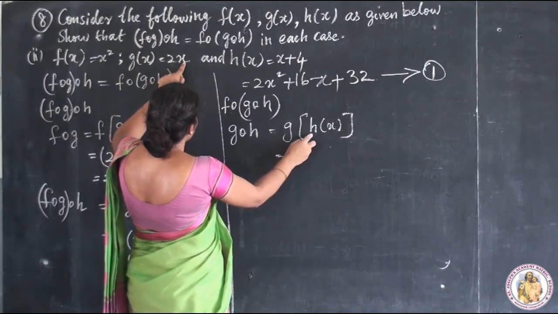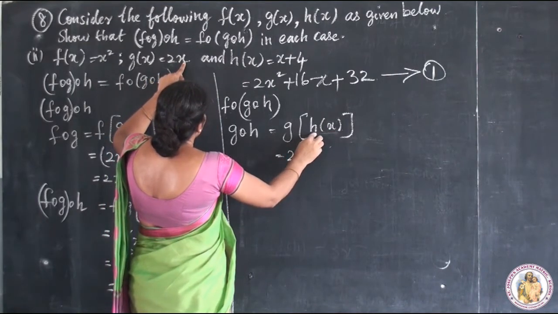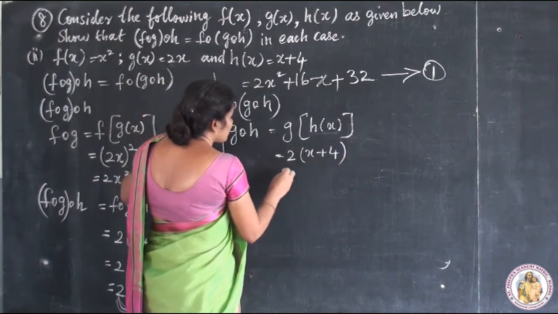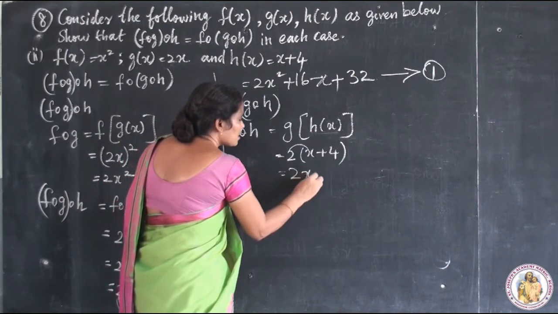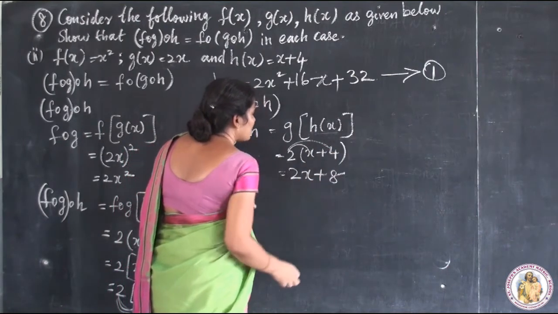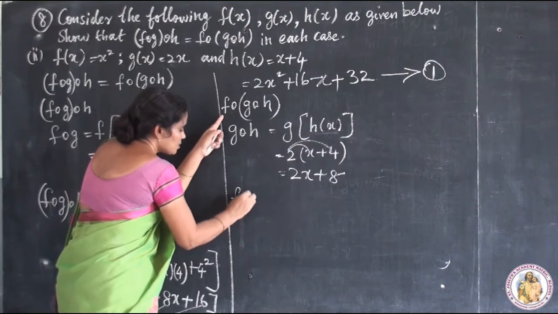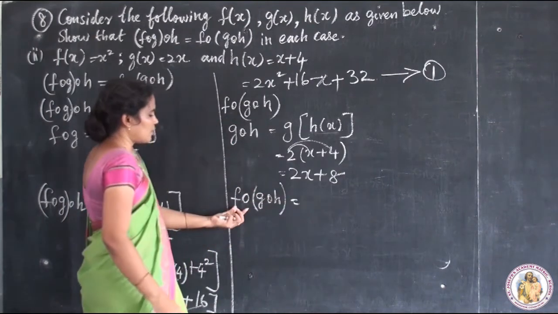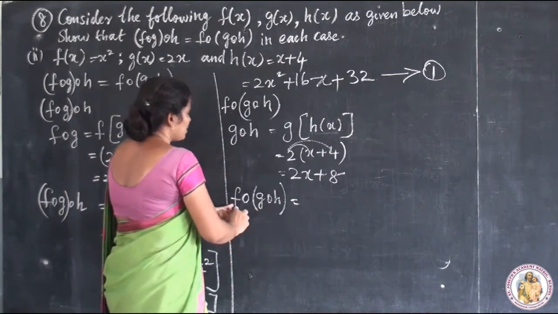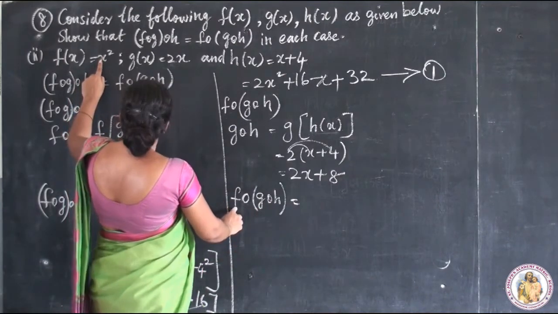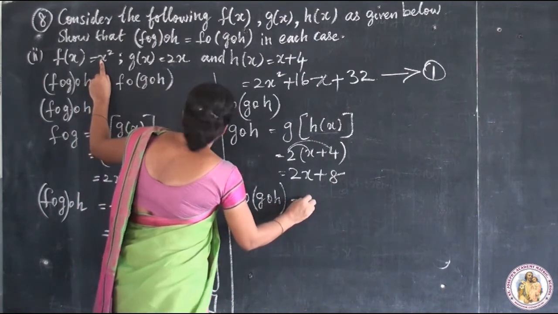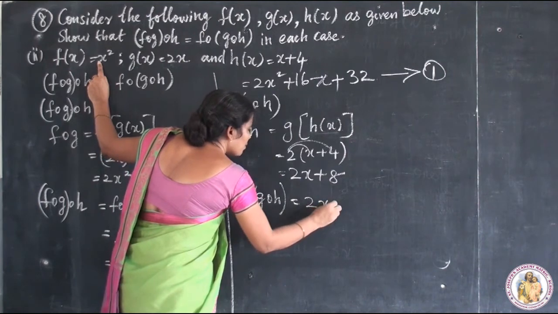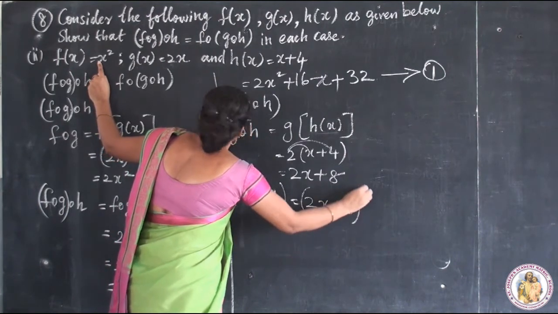In the place of x, you have to write h of x, that is x plus 4, giving 2x plus 8. Now go for f of g of h. f is x squared. In the place of x, you have to write 2x plus 8 whole square.